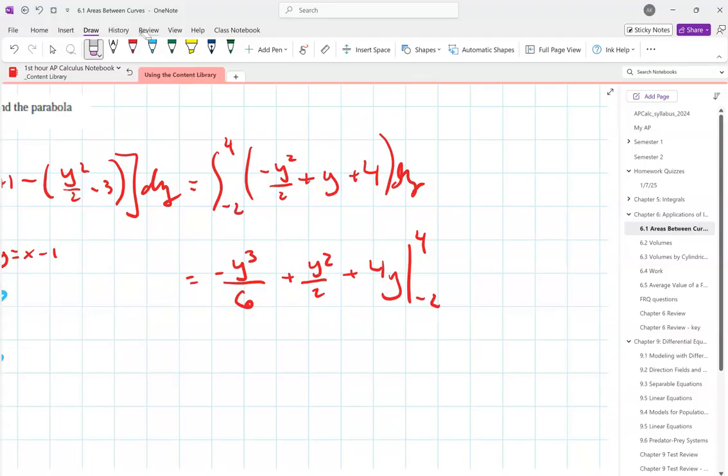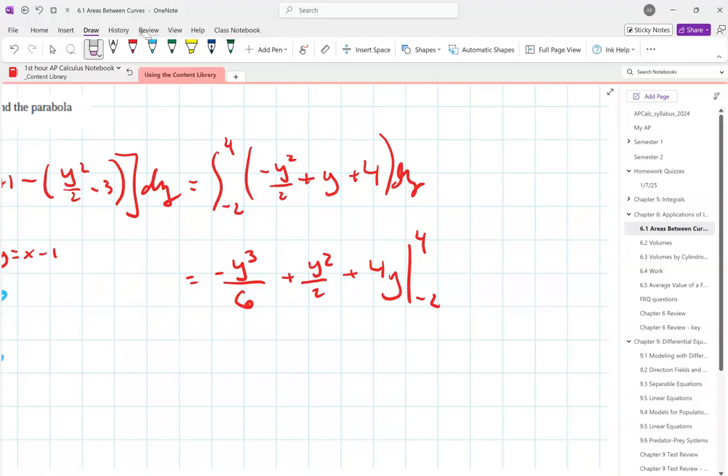Seeing things where we have to integrate with respect to x or with respect to y, both those things will happen. Will you see things where it makes sense to simplify before you integrate? Oh yeah, we just did that, right? That made that problem quite a bit easier to combine some like terms before I integrate. Please make sure you're trying to do that, or at least checking to see if you can do that beforehand. But this is the basics.